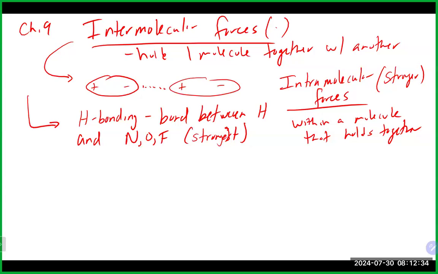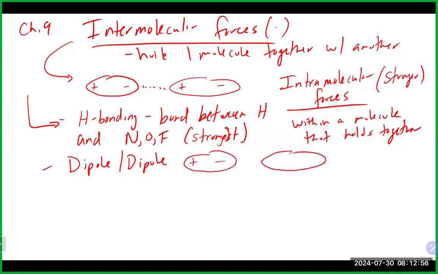It is technically a form of the other type of intermolecular force, which is a dipole-dipole interaction. And dipoles, as we talked about, are molecules that are polar, and they have a dipole moment. Part of having a dipole moment and being polar is that they always have a positive side and a negative side due to the unequal sharing of electrons.